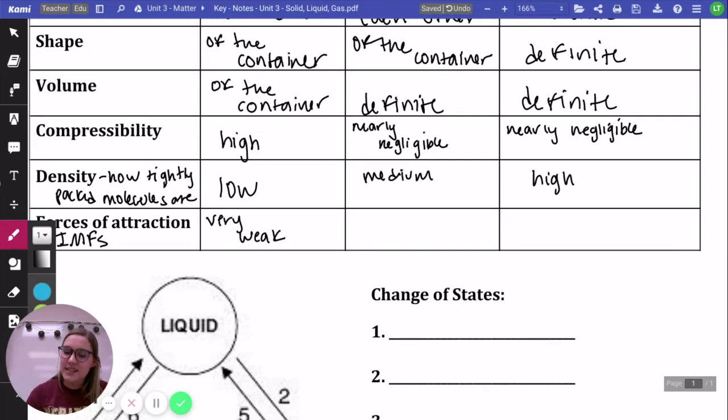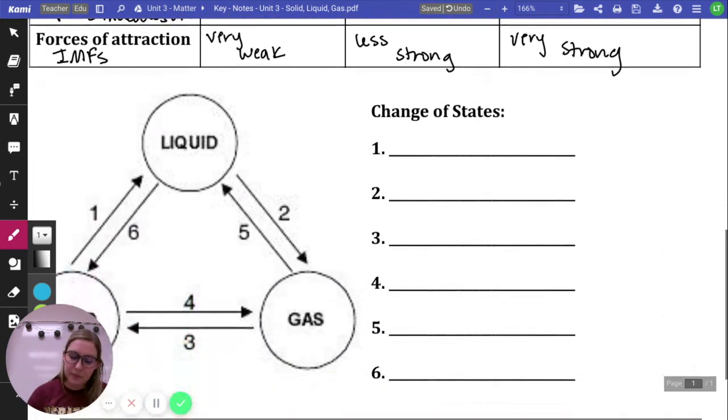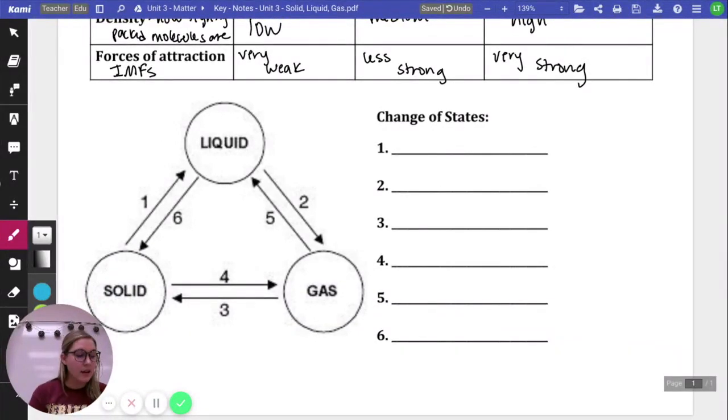Whereas solids are held together very tightly, so they have very strong forces of attraction between the particles. And liquids are somewhere in the middle. They're not nearly as weak as gases, but they're also not as strong as solids.